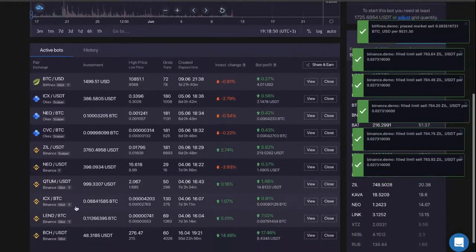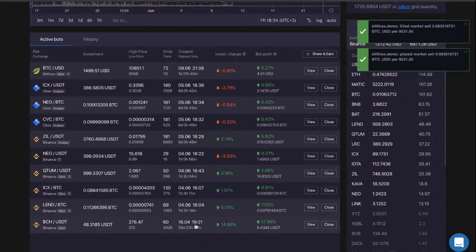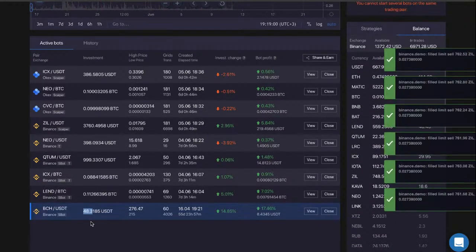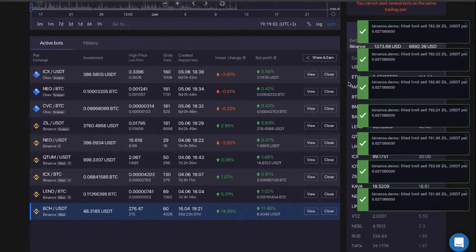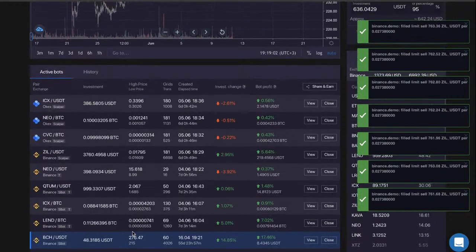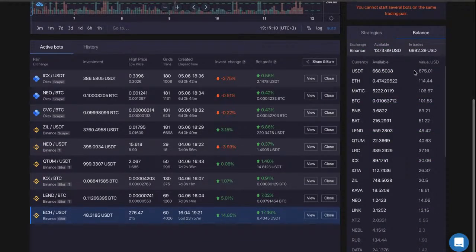But what if I close, let's say Bitcoin Cash trading to USDT, but here I have only 48. So that means that I will add to my currently available amount of USDT only 48 USDT. So you get the idea, all right? So if you want to get additional coins, make sure that you can take them out of your active bots, which are no longer relevant to you.